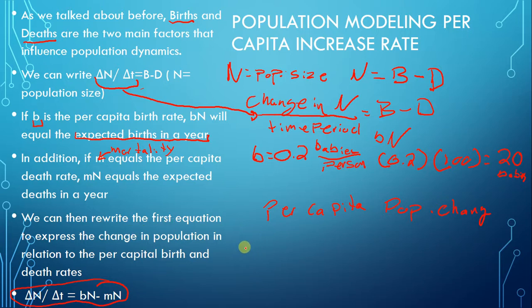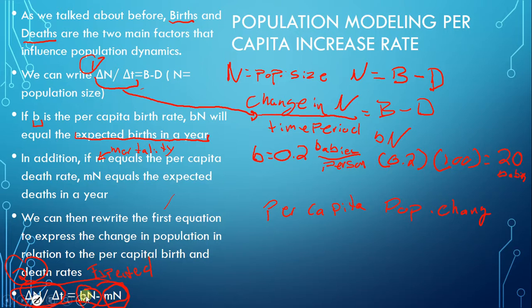All we're doing is taking the per capita birth rate, subtracting the per capita death rate or mortality rate, and getting the expected population change. So what did I do? This is essentially the same equation as the earlier one. Equations 1 and 2 are essentially the same, except this is in terms of per capita. So this can be like our expected change.